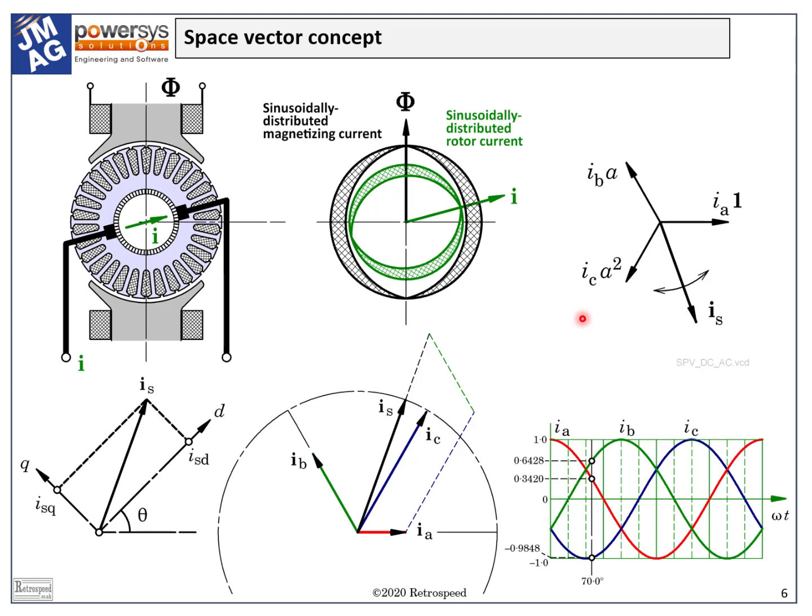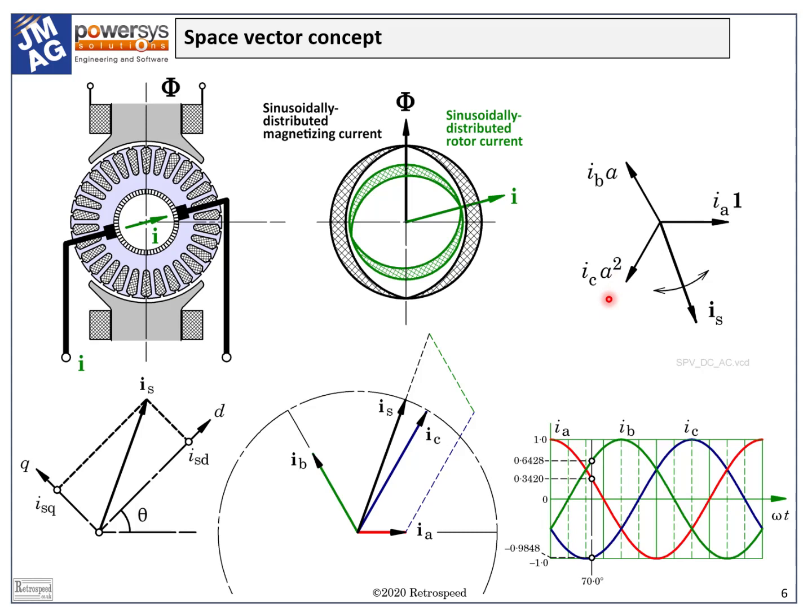Now we can define the spatial directions in the so-called Argand diagram, the complex plane, by means of three complex numbers: one along the real axis, a at 120 degrees, and a squared at 240 degrees.